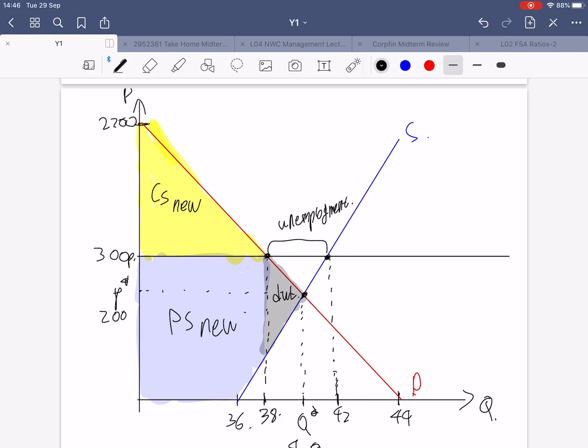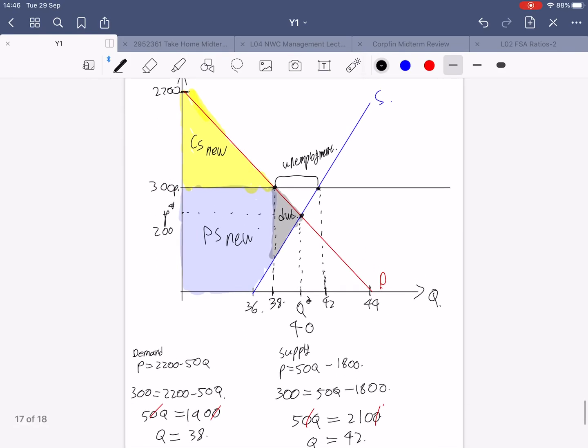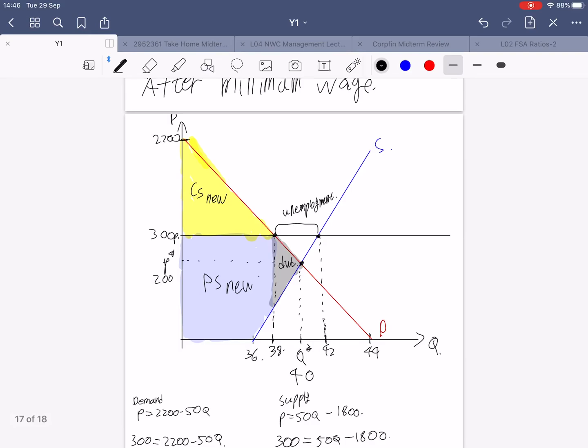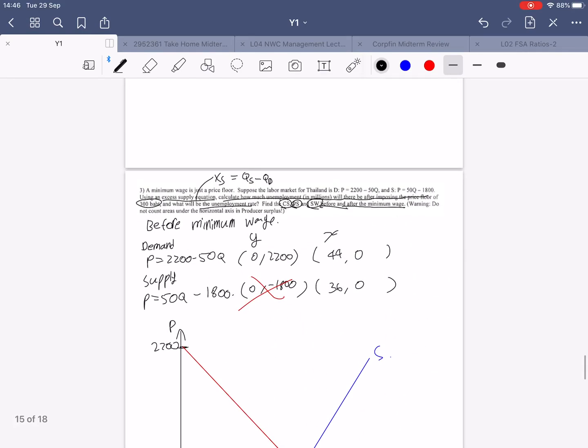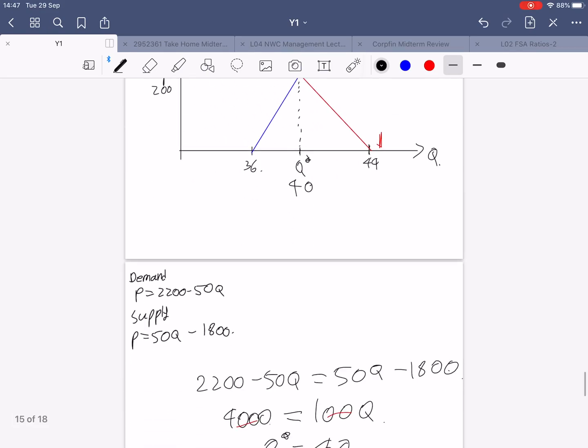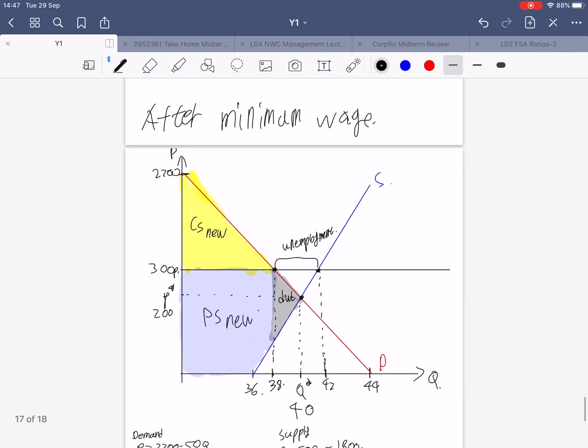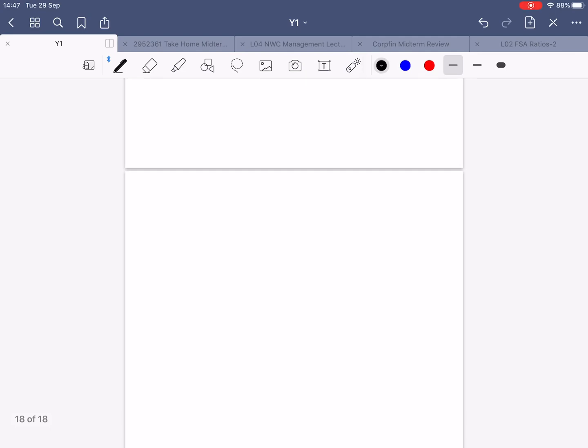Okay, so now we're going to find the unemployment using the excess supply equation, which is XS equal to QS minus QD.